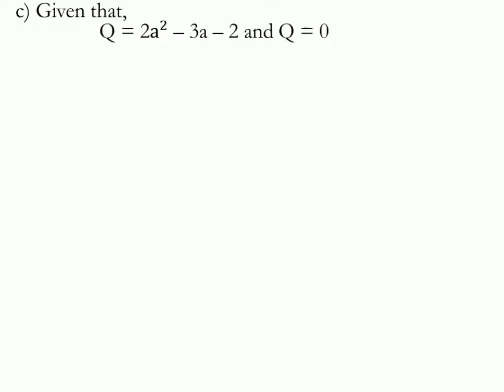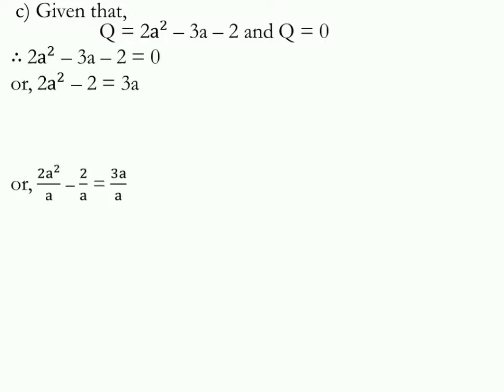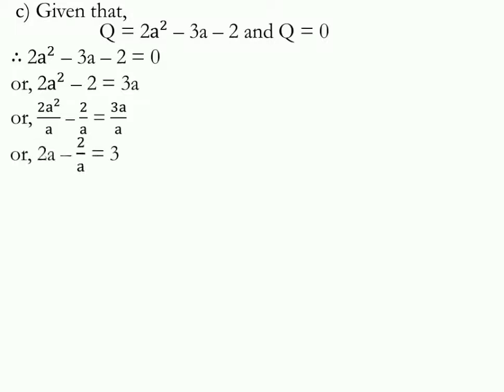So combining these two, we can write 2a square minus 3a minus 2 equals 0. Now if you take 3a to the right hand side, it should be 2a square minus 2 equals 3a. Now divide all terms by a, it becomes 2a square by a minus 2 by a equals 3 by a, and it should be 2a minus 2 by a equals 3.